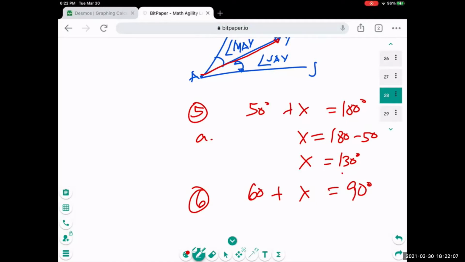So x would be 90 minus 60. So x would be 30 degrees, right? Okay, so let's go to the next question, number 7.